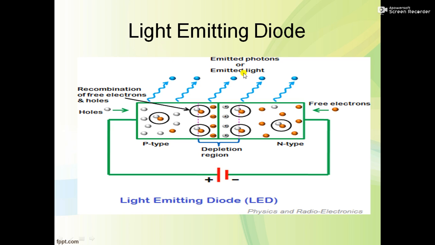So in this case the light is emitted, it is called emitted photons. So like this the light is emitted by using this process.